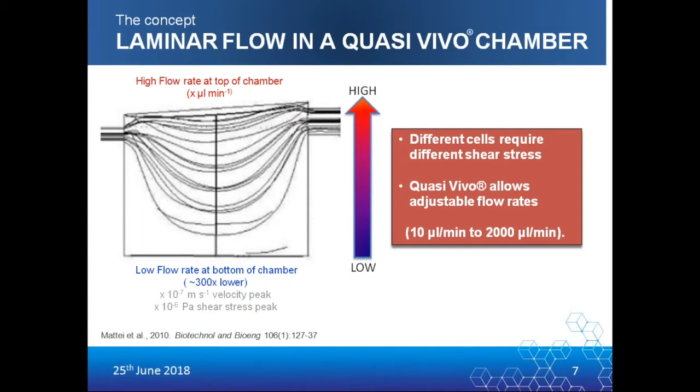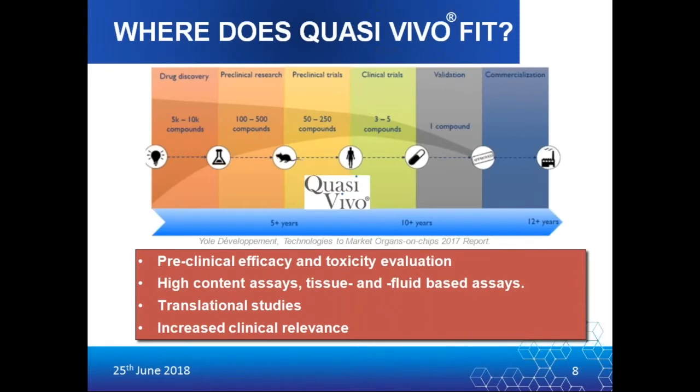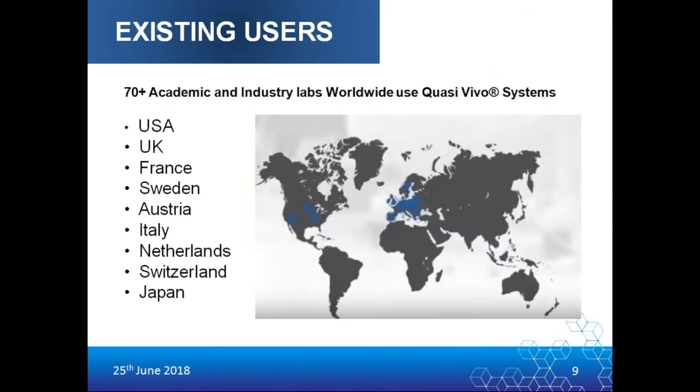This makes the Quasi Vivo fit in the preclinical stage of drug discovery where highly predictive efficacy and toxicity evaluation are required. Because of the increased clinical relevance, Quasi Vivo systems are becoming increasingly popular in laboratories globally, with the majority of users in the USA and Europe.